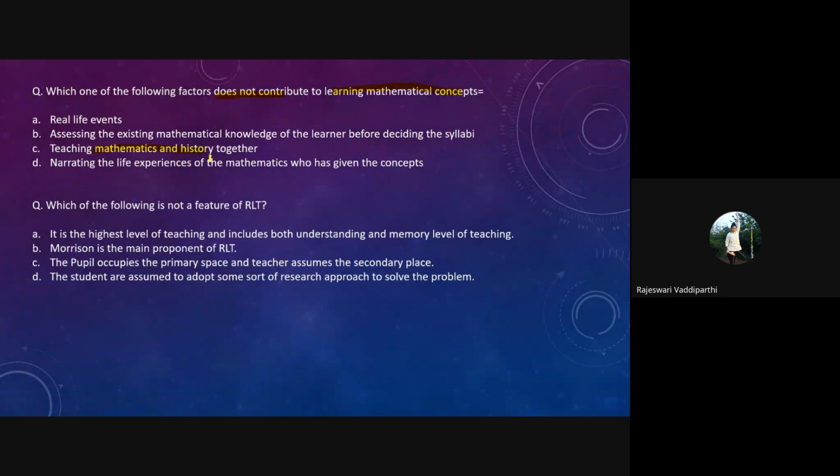I was thinking sometimes in history they teach the years, so maybe because of that I eliminated it. That is different. Here, it is mathematical concepts. So if you are choosing option D, then according to you there is some contribution, right? So what is that contribution? Now tell me.